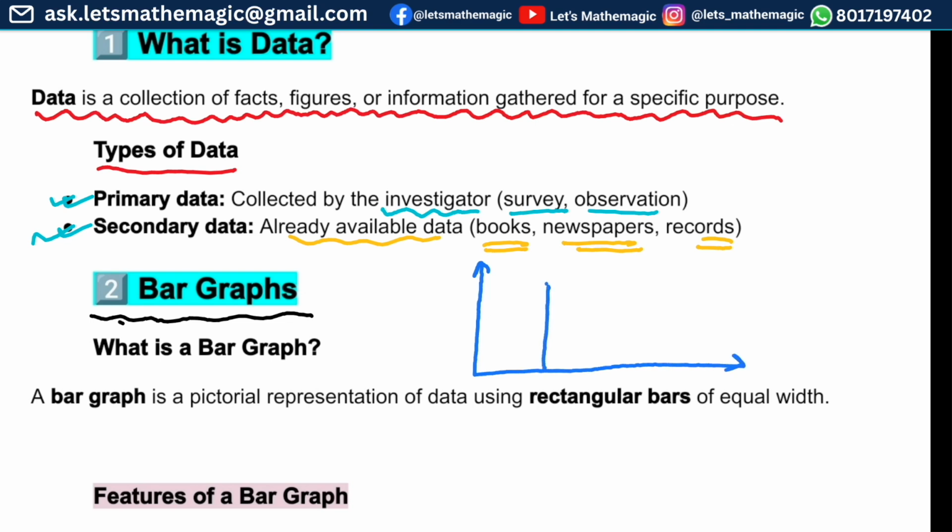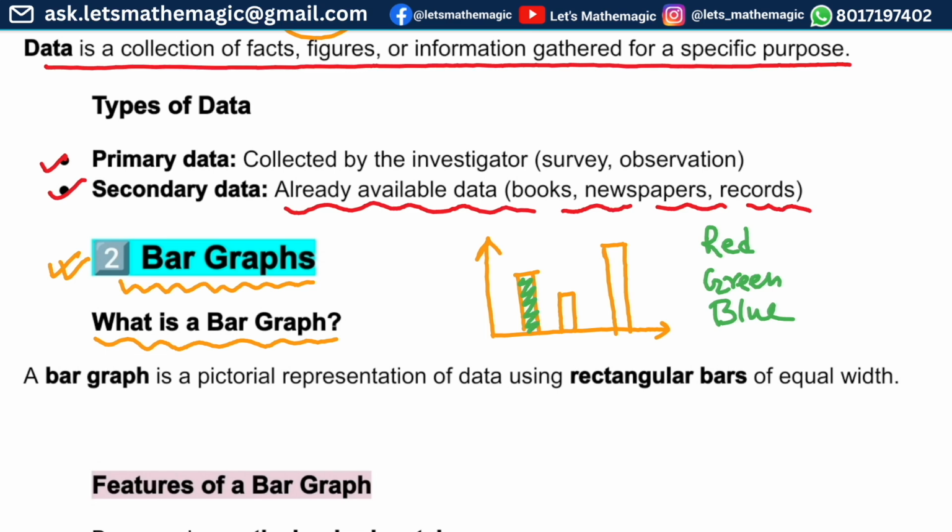Just one example: suppose you are in a classroom and you are given some colors like red, green and blue. The students select the colors according to their favorite colors. Let us say the number of students who like red is 20, those who love green are 15, and those who like blue are 30.